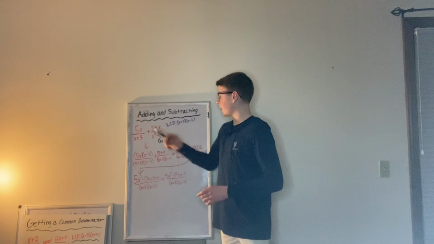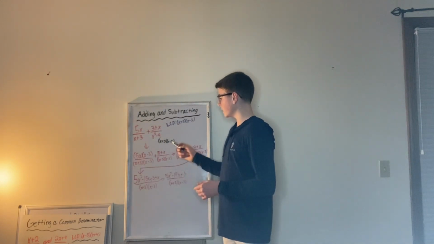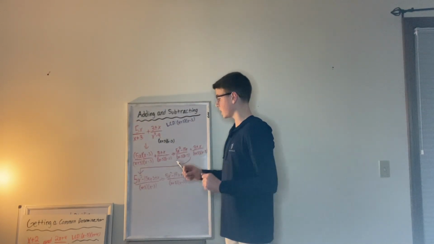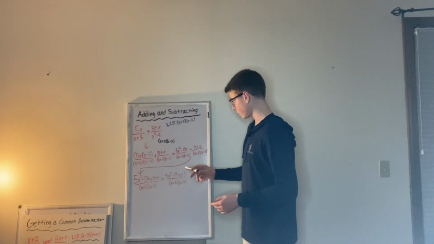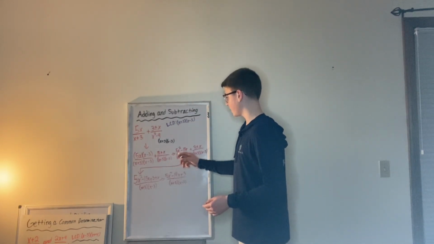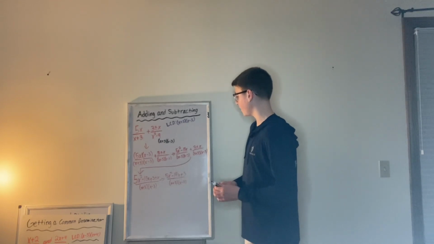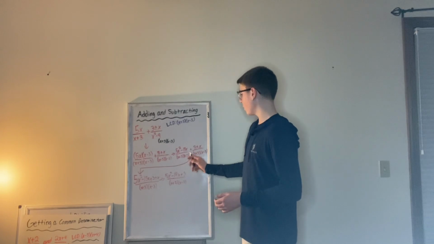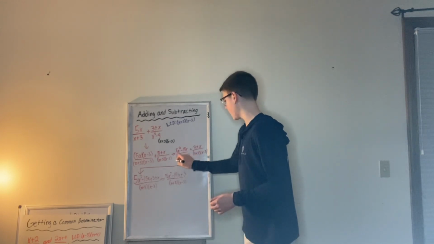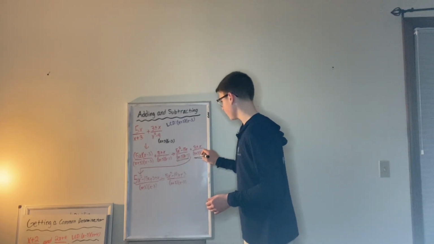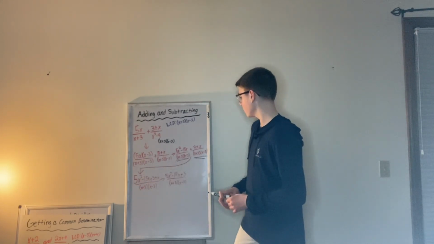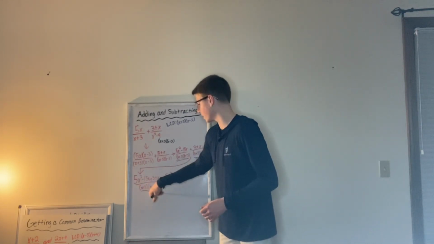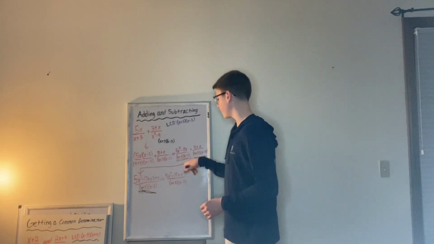So this 5x over x plus 3 needs an x minus 3 in the denominator. So it is multiplied by x minus 3 over x minus 3. And then I can simplify that to 5x squared minus 15x. Then I take it down. And once these denominators are the same, you can bring them under the same roof, I guess. So you just need this one denominator here instead of both of these.